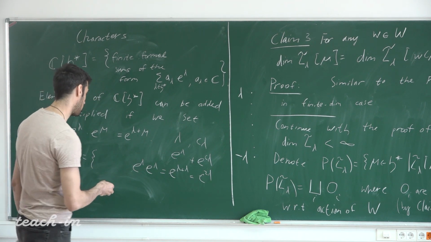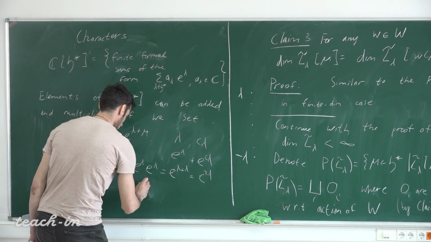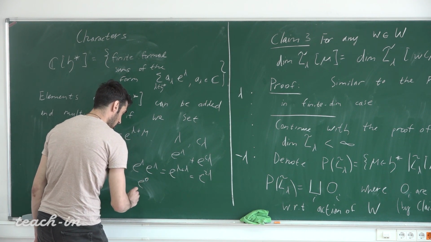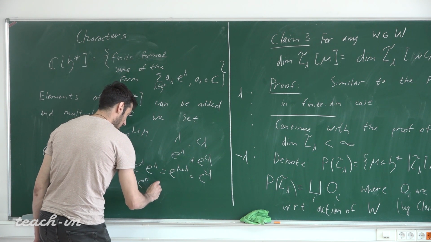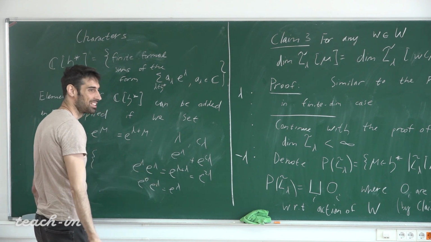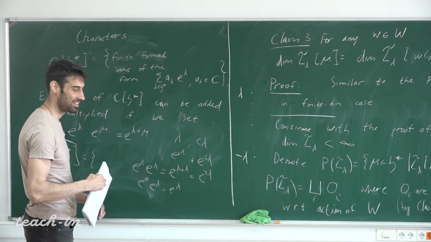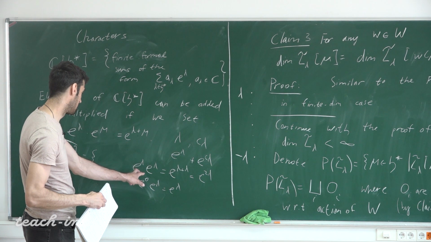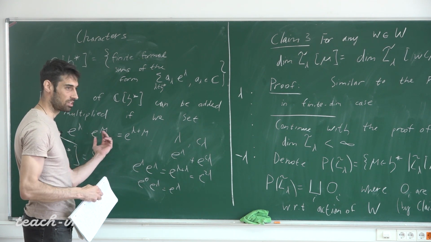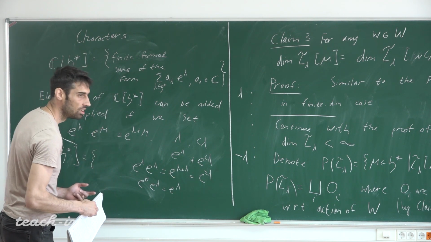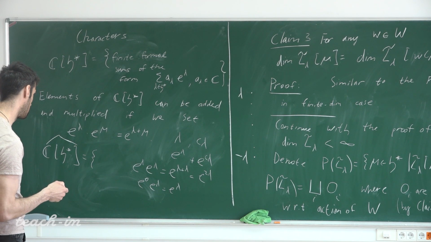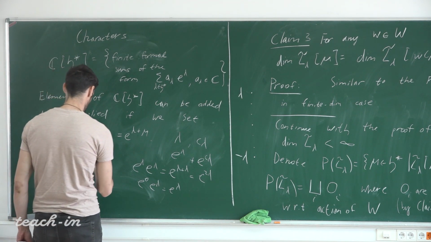And of course e^0 multiplied by every e^lambda is e^lambda. So it's also consistent, and you have inverse elements if you take minus here. It's an algebra with a unit, generated by the elements of h star.